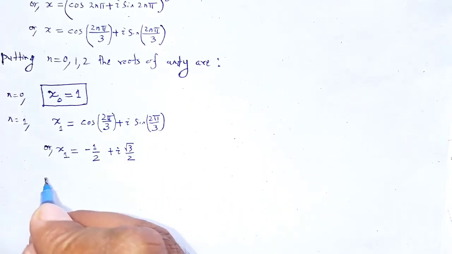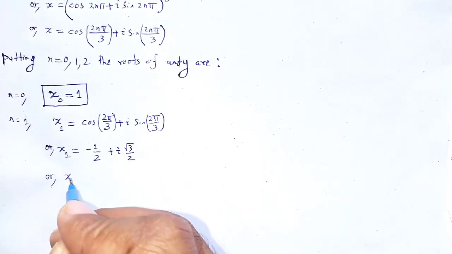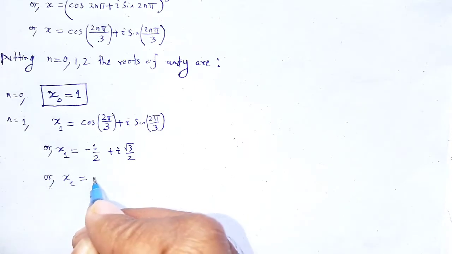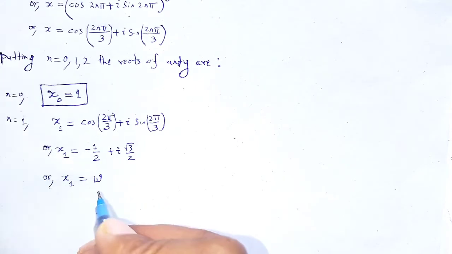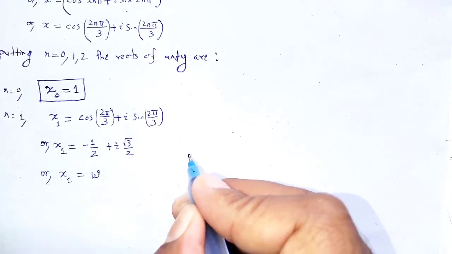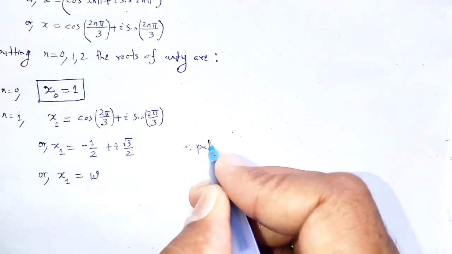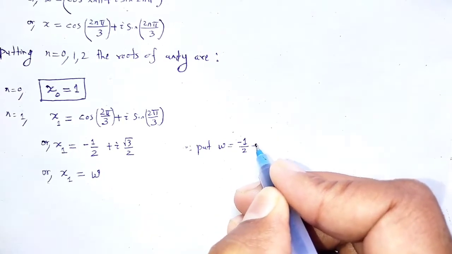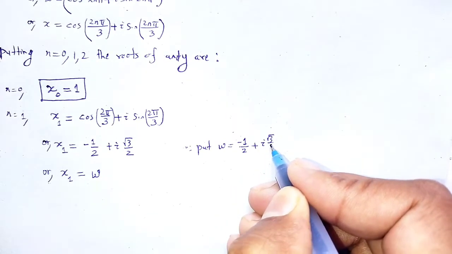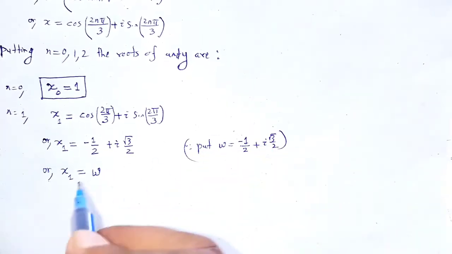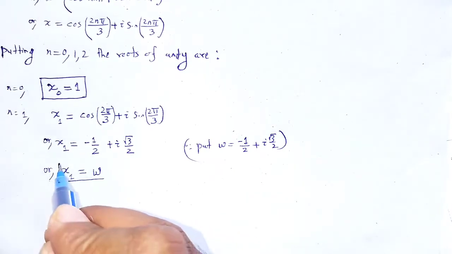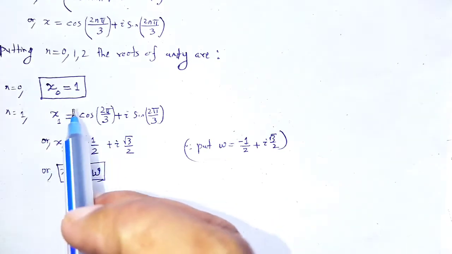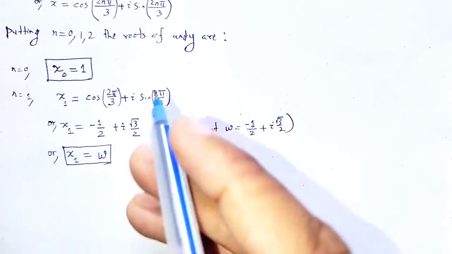That term is basically referred to as omega. Here we put omega is equal to minus 1 by 2 plus I root 3 by 2, that is the second root of unity.